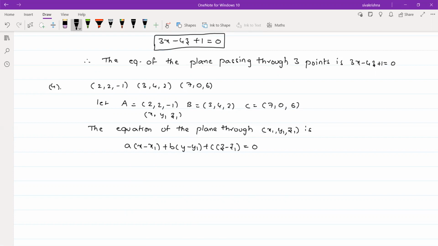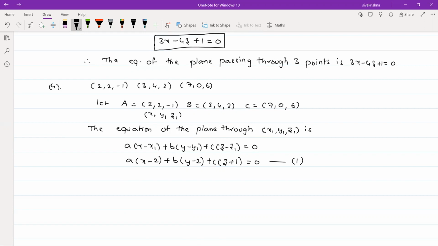Okay, and I am substituting the values of x1 y1 z1 in this particular formula, so that we get A into x minus 2, plus B into y minus 2, plus C into z minus z1, which is minus 1, so we get z plus 1, is equal to 0. So treat this as equation 1. Okay, so this is the required equation of the plane.